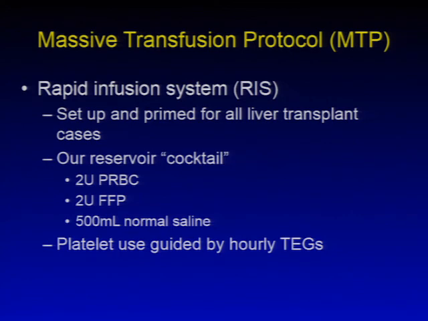So our ratio is 1-to-1, as opposed to that prior study, which was 3:2 red blood cells to fresh frozen plasma. We do not have a standing protocol or ratio for platelets. We use hourly thromboelastography to assess platelet function and transfuse them as needed.